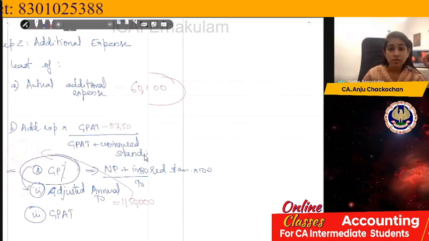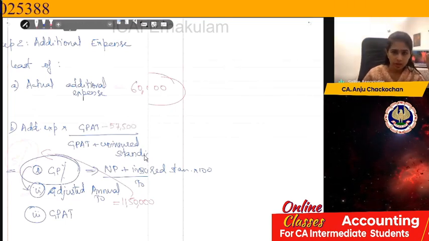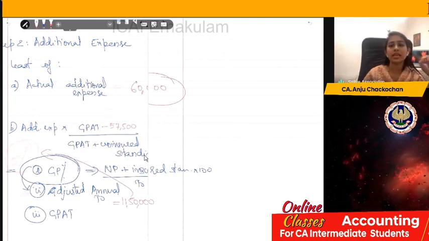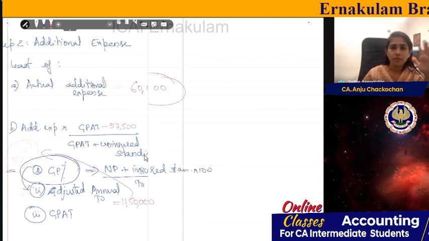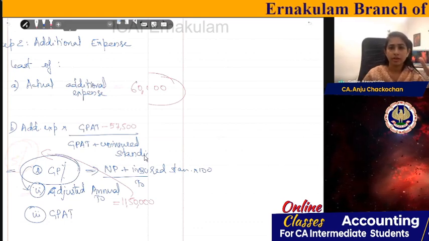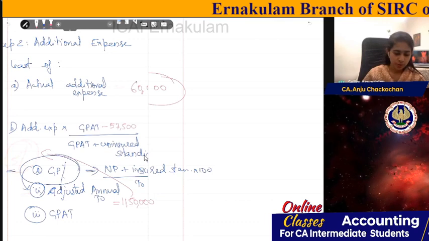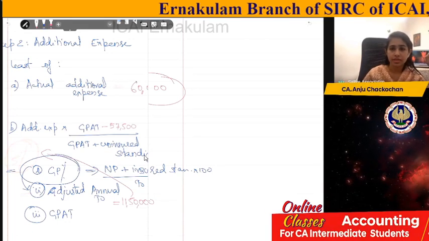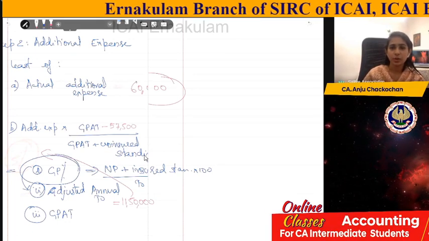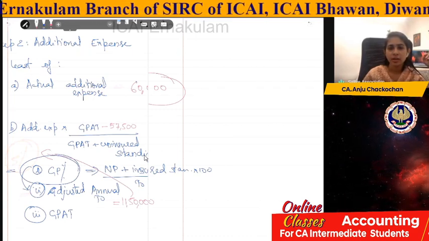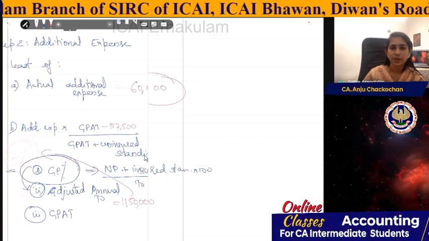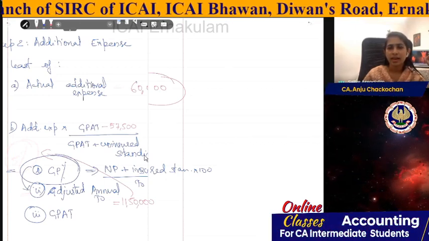Everybody, try doing this. If anyone is facing any difficulty, please raise your hands. Not an issue. Give me the answer for that. All right. So you get GPAT as 57,500. Good going.